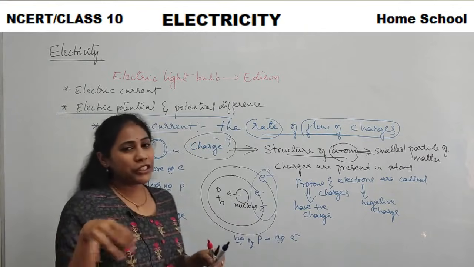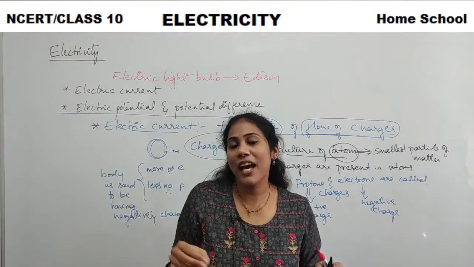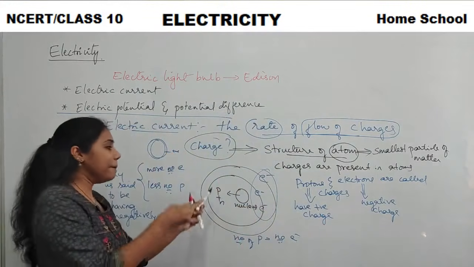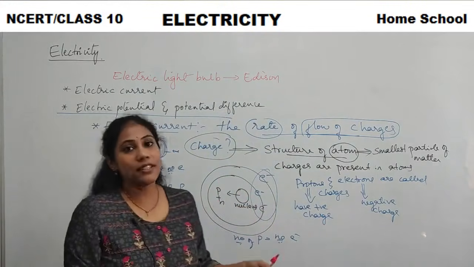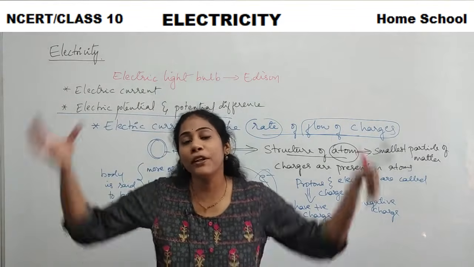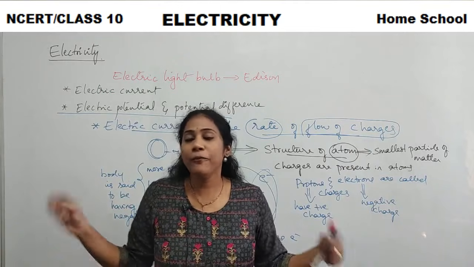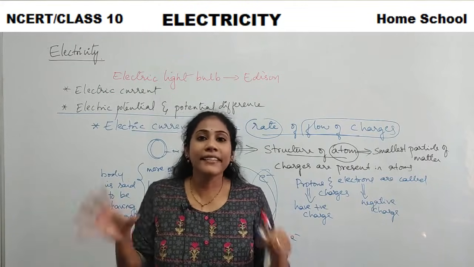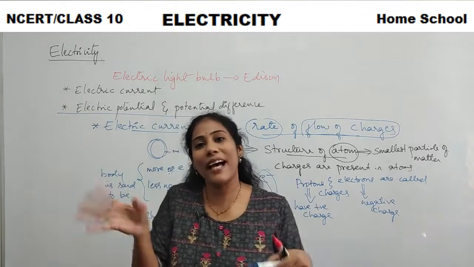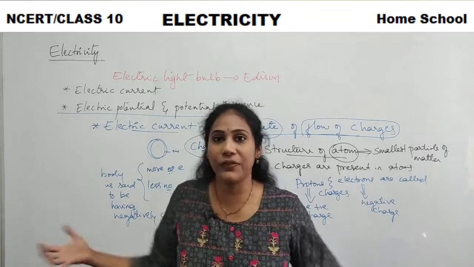Each and every body, whether it has a positive or negative charge, depends on how many protons and electrons are there in that body. If a body has more electrons compared to protons, if protons have gone outside, then the body is said to have a negative charge. The body is negatively charged, we say.